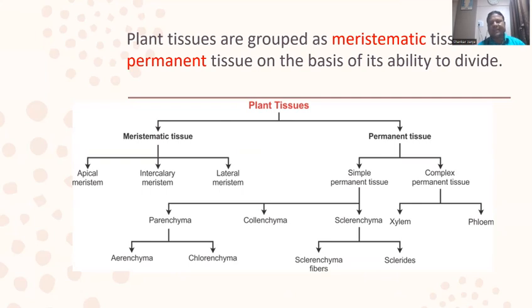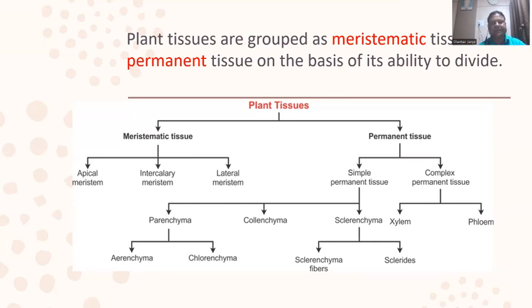Meristematic tissue is present at the apex of root and shoot. It is further divided into 3 types, but basically on the basis of location or position, meristematic tissue is divided into 3 types.